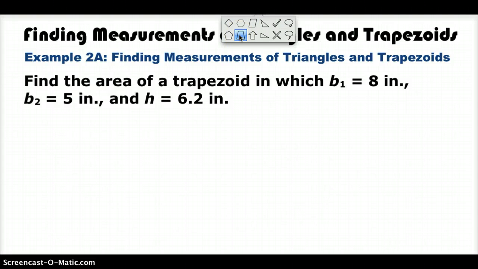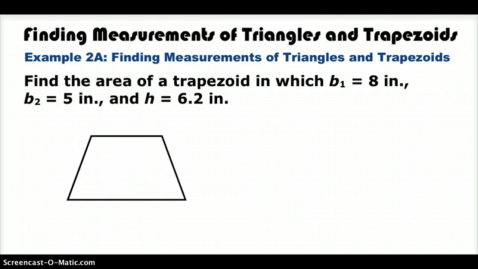I'll say my base 1 is 8 inches since this one's bigger, and my base 2 is 5 inches, so I'll label this 5 inches. And I'll label the height of 6.2 inches. Remember this has to be the perpendicular path, so I'll say that's a right angle there, and this is 6.2 inches.